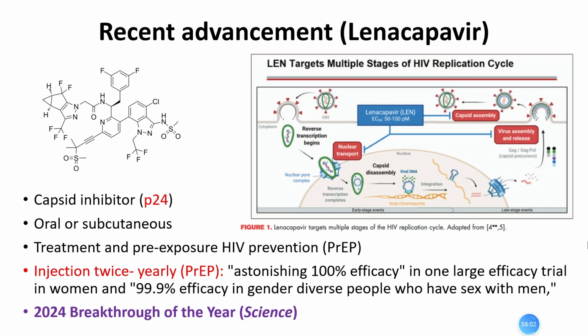You mentioned that the capsid protein T24 is a capsid inhibitor. Okay, here it inhibits the nuclear transport, inhibits the viral assembly, and also inhibits the formation of the capsid. Target binds to T24, and it was approved as a medicine for HIV treatment.